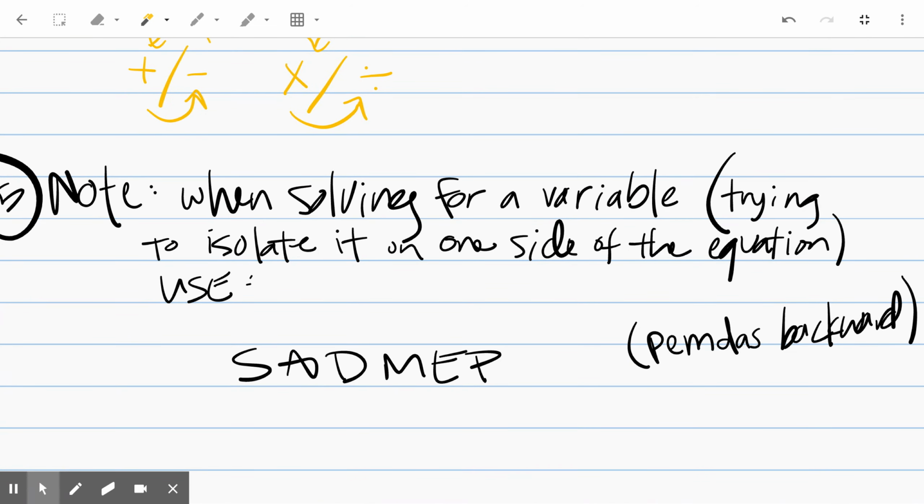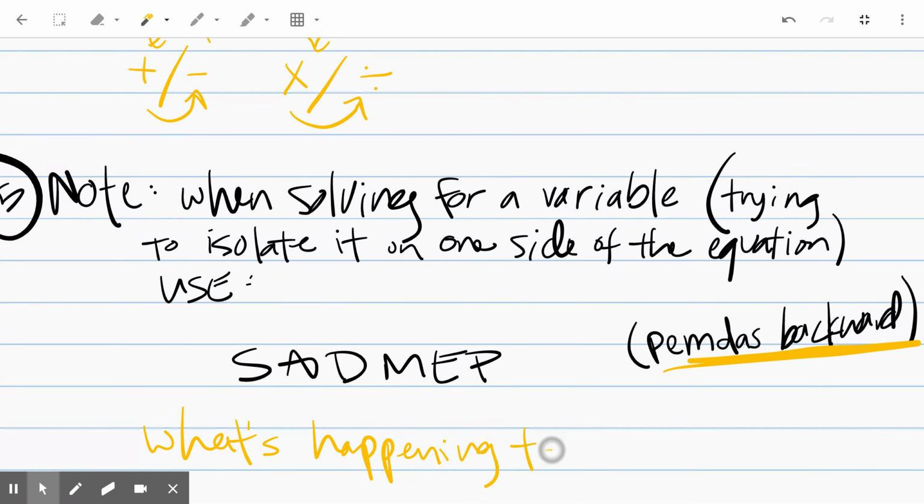One quick note. When we're solving for a variable, again, that just means we're trying to isolate it on one side of the equation, so get y equals something. We use PEMDAS backwards. So essentially what that means is take a look at what's happening to y. That's what I always tell my students, my kids: what's happening to y?